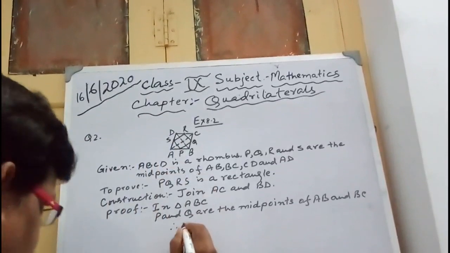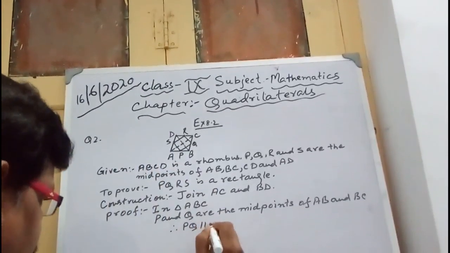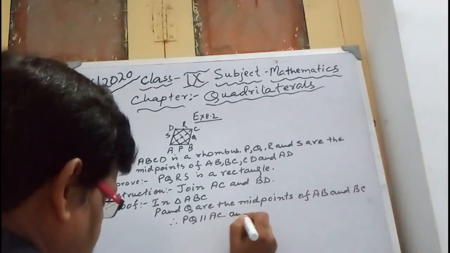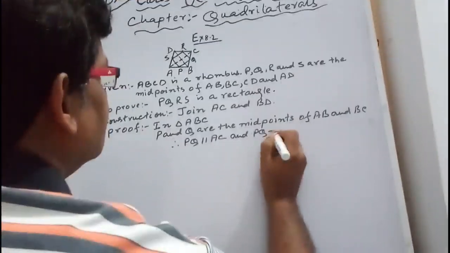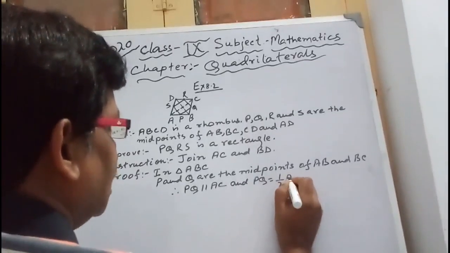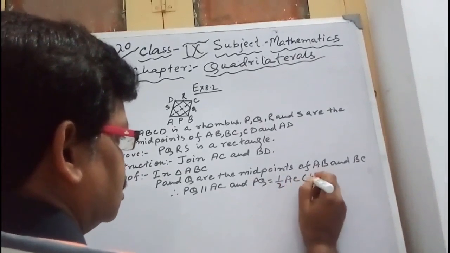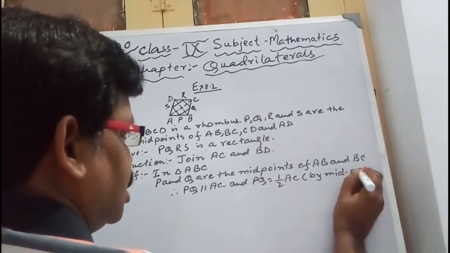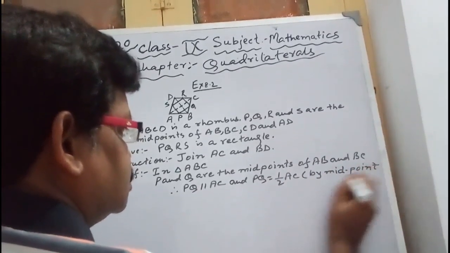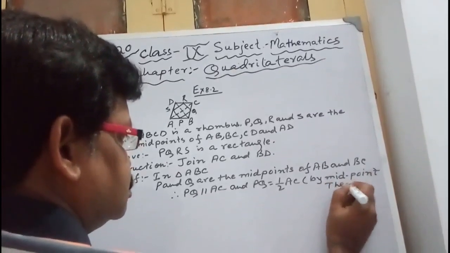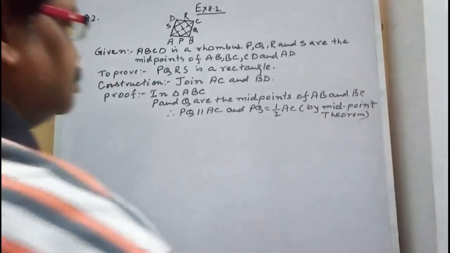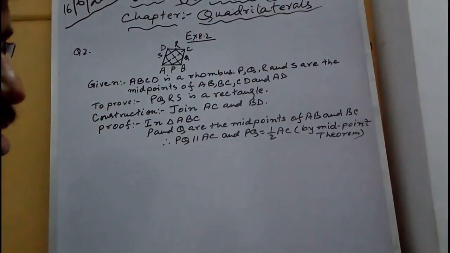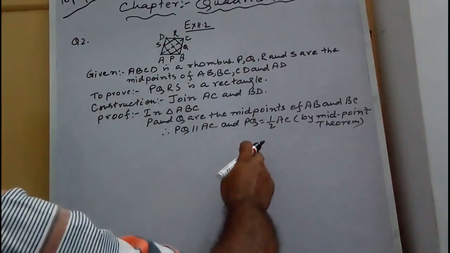Therefore, PQ is parallel to AC and PQ is equal to half AC by the midpoint theorem. So by the midpoint theorem, PQ is parallel to AC and PQ is half of AC.